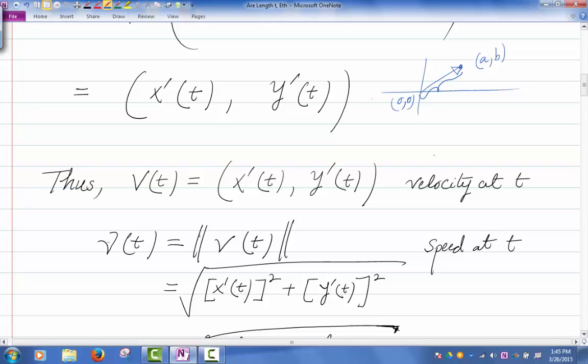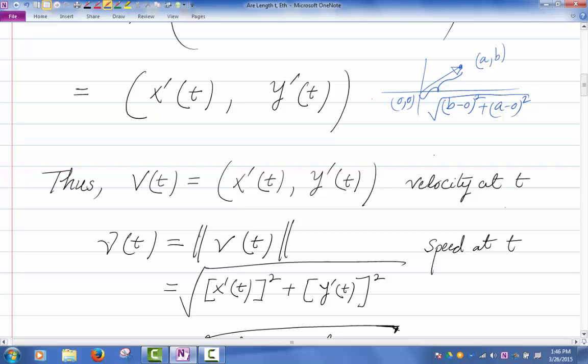I know the distance formula, right? By the distance formula, it is the square root of B minus 0 squared plus A minus 0 squared. You guys remember the distance formula to find the distance between 2 points: you take the difference of the x components, square it, take the difference of the y components, square it, add them together, and then take the square root.